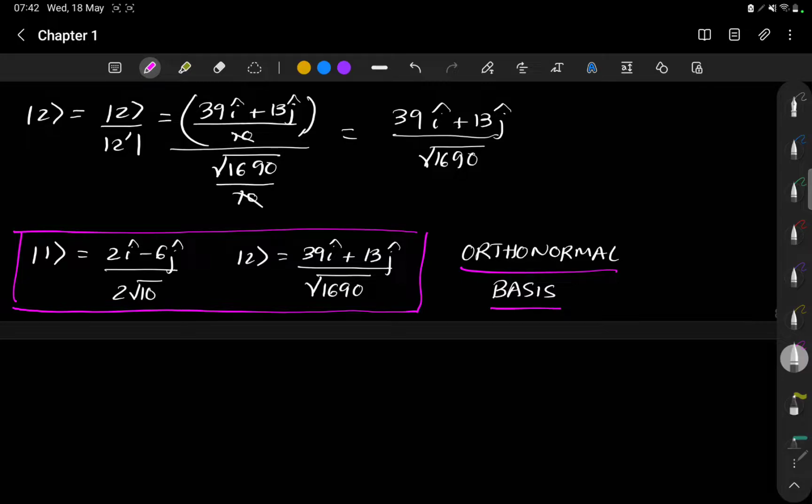Again, we can check whether they are indeed orthonormal or not. So let us do a quick check.